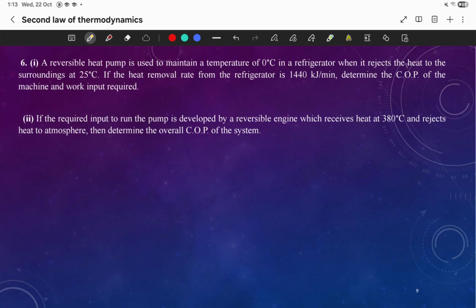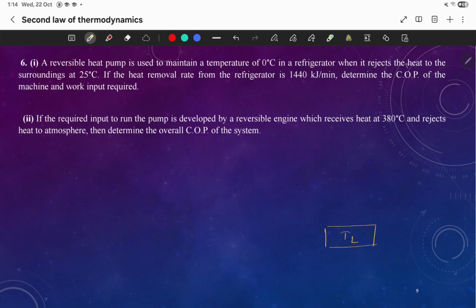A reversible heat pump is used to maintain a temperature of 0 degrees Celsius. So here this is TL.